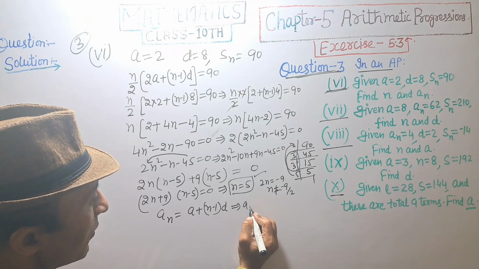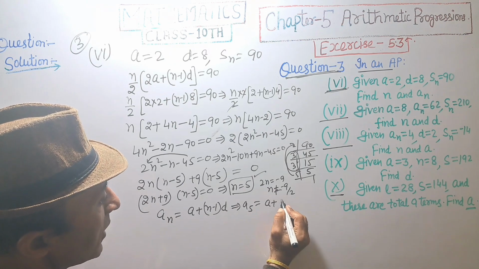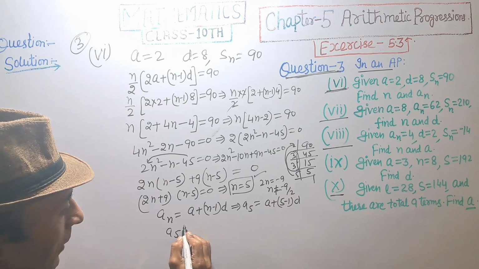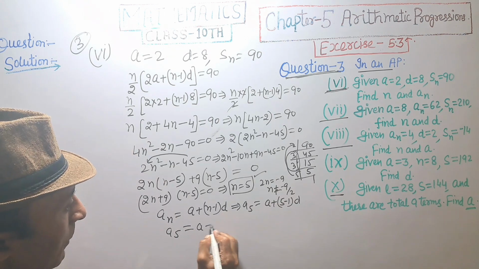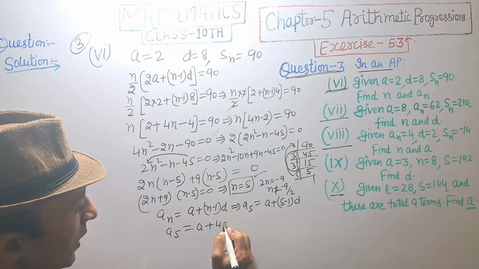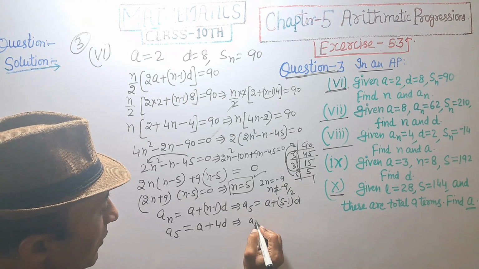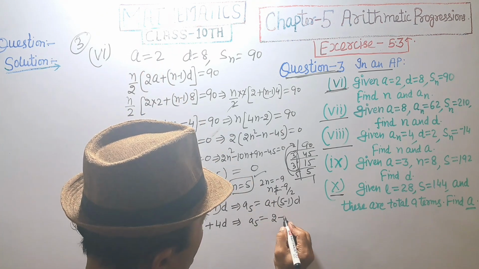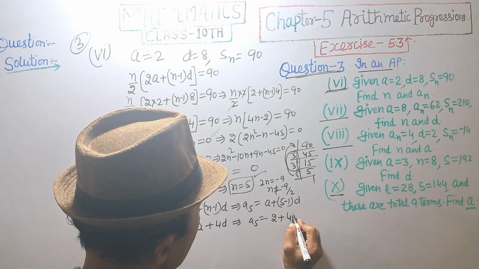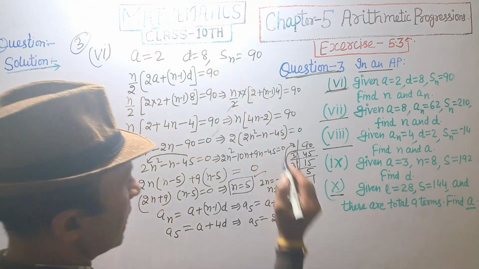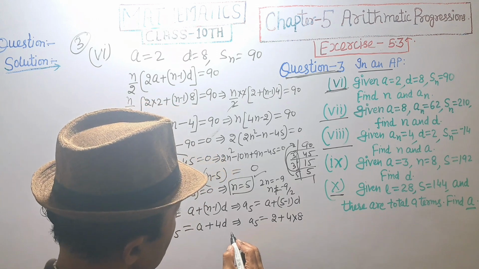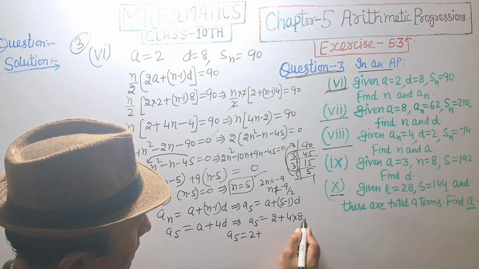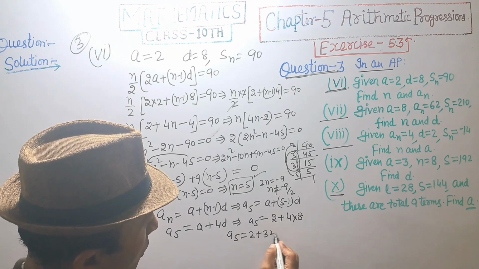This implies a5 is equal to a plus (5 minus 1) into d, that is a plus 4d. a5 is equal to, a is here 2, plus 4 into d is 8. a5 is equal to 2 plus 8 4s are 32.